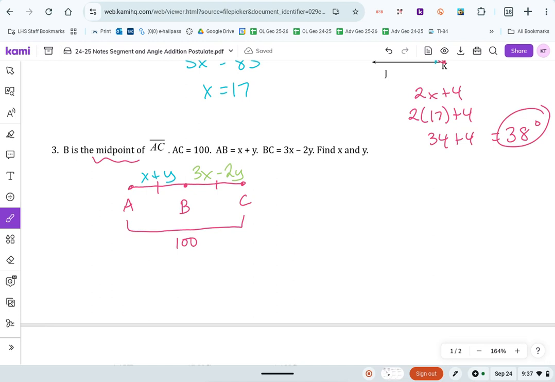Okay, let's see. If we do our part plus part equals whole equation, that would look like x plus y plus 3x minus 2y equals 100. That would be doing exactly what we did in the first problem. If we simplify, we would have 4x minus 1y equals 100.